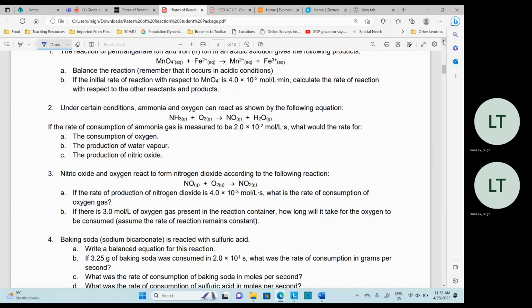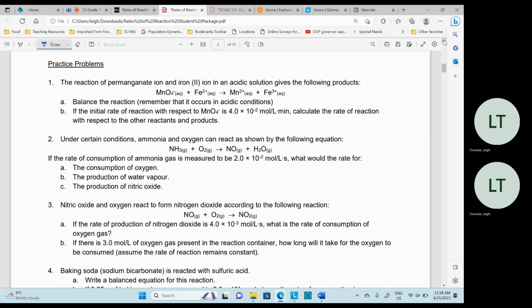It says the reaction of permanganate ion and iron 2 ion in an acidic solution gives the following products. So permanganate, I don't know if that's on our polyatomic ion sheet, but that's permanganate. I think it is. And iron 2.